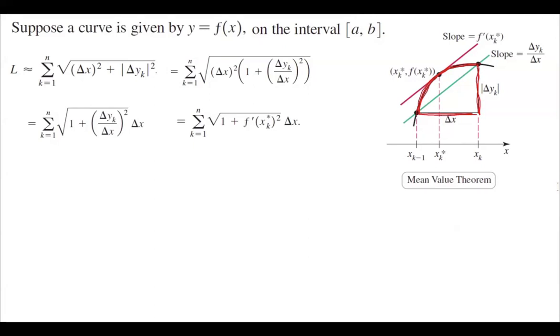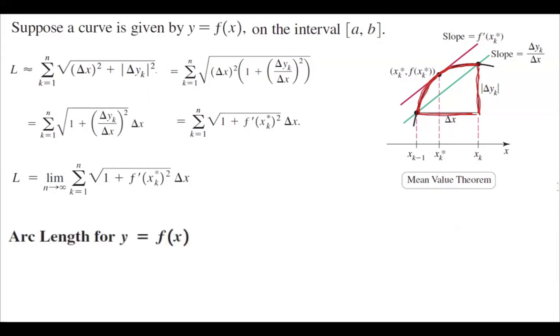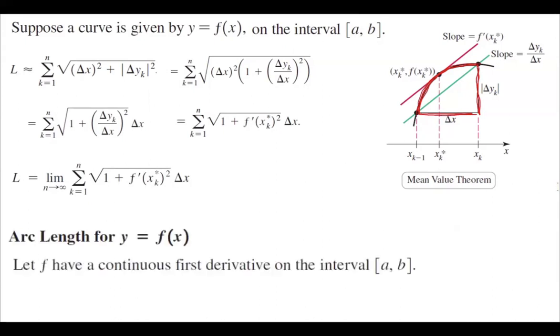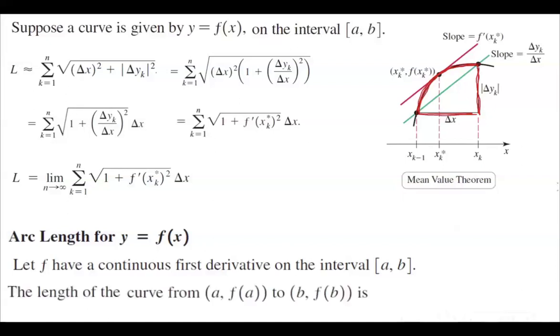So far, we just added all of these small line segments together to find the length. And now, if you take the limit of this summation, the arc length follows the formula, the definite integral from a to b of the square root of 1 plus f prime of x to the second dx. So this is for y equals f of x.